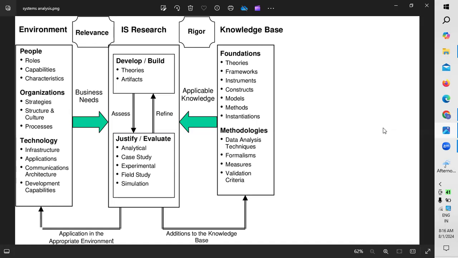So what are the roles of the people? Depending on the role they perform, the activities in using that application might vary. So we must have knowledge of the roles of the people, at the same time their work capabilities, followed by the characteristics. All of this comes under the people part.